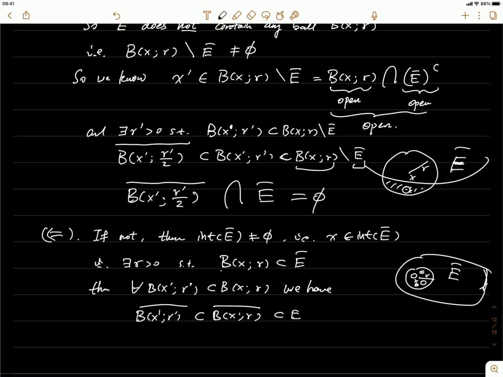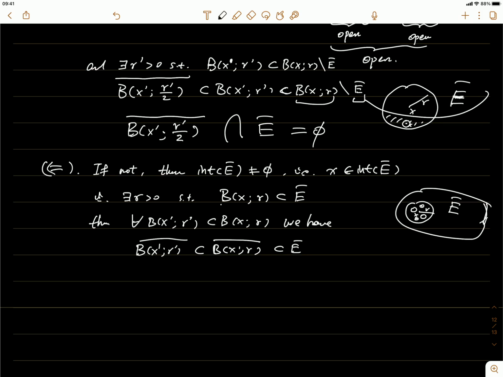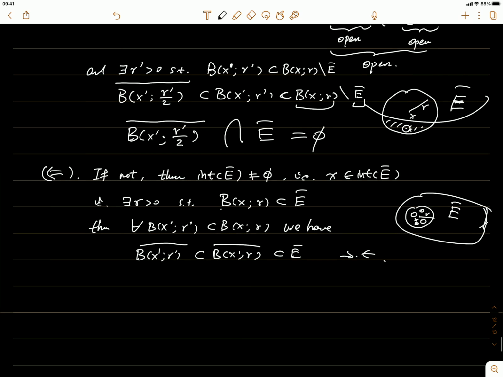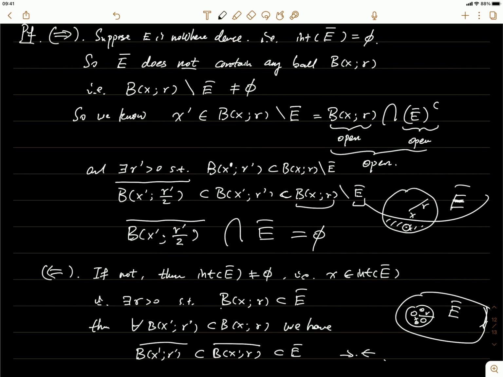Which is inside here, because the E closure is closed. So it contains any subset of that, and taking closure is still inside that. And this is a contradiction to the statement we have on the right-hand side. Okay, this proves the other direction.